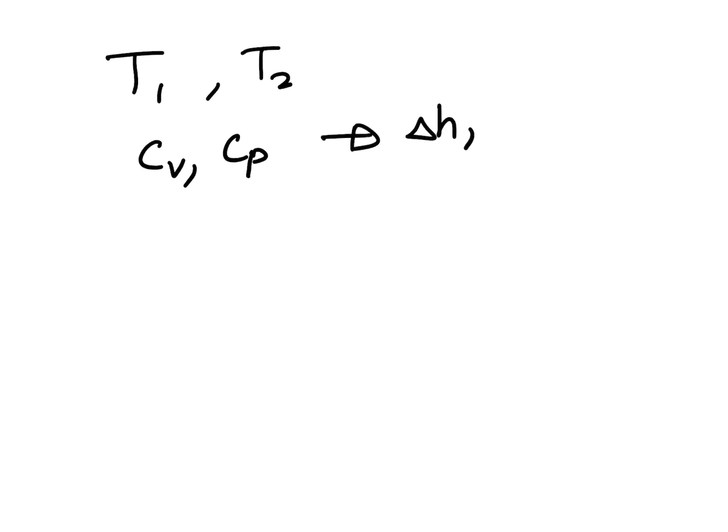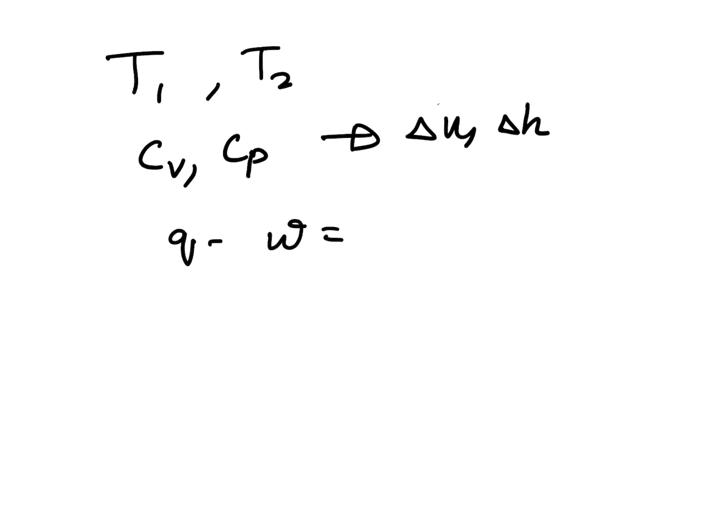That is, to summarize, if you have temperature at two different states, using Cv and Cp, you can get the internal energy and enthalpy changes.